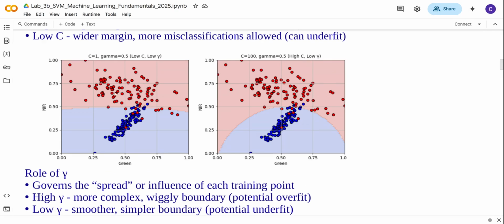So balancing between the regularization parameter C and gamma is crucial to avoid underfitting or overfitting. We will look at this at some point later.